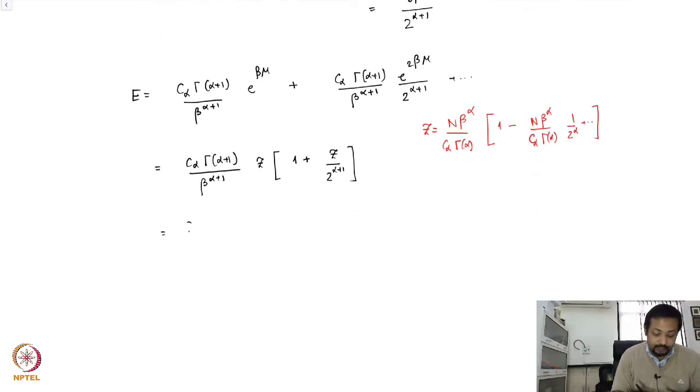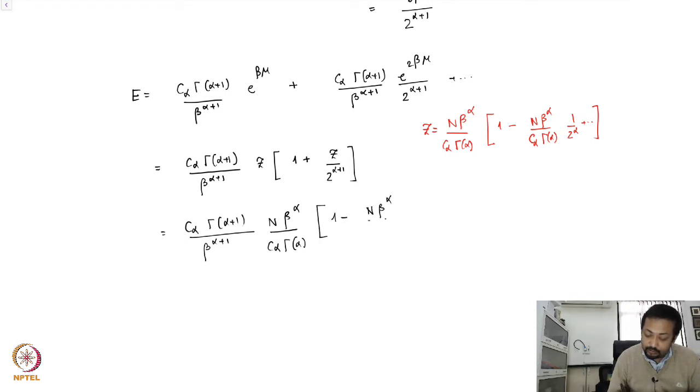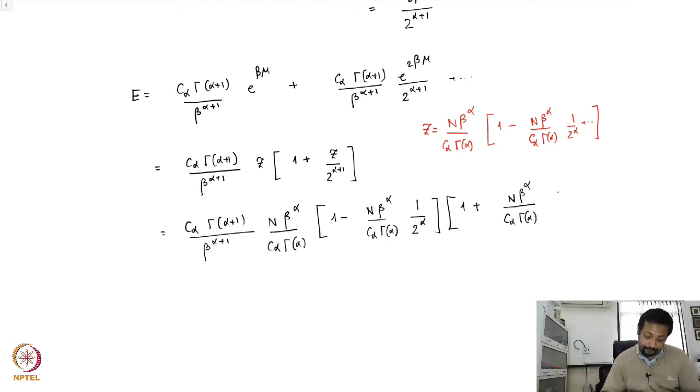So that this becomes c_α Γ(α+1) / β^{α+1} times n β^α / (c_α Γ(α)) times 1 minus n β^α / (c_α Γ(α)) · 1/2^α, times 1 plus n β^α / (c_α Γ(α)) · 1/2^{α+1}.